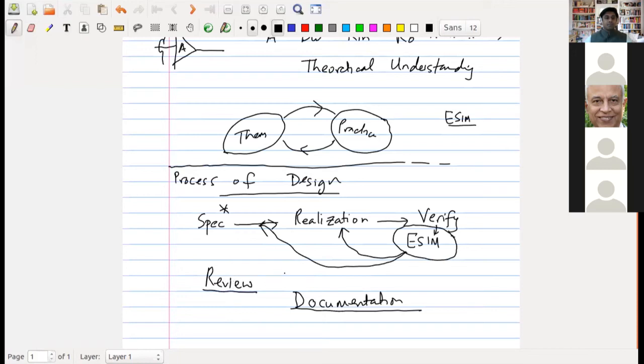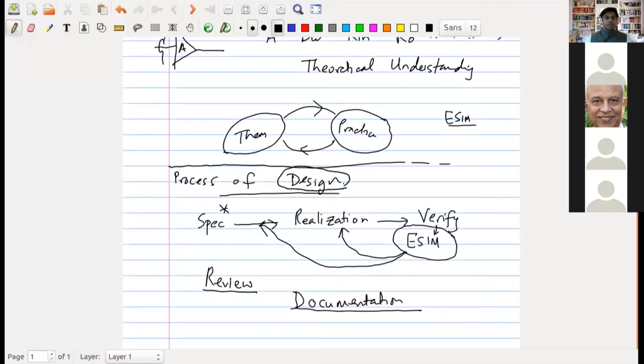Whenever you work for a company or anywhere else, whatever work you do is going to be reviewed by somebody else. As a student, your work is reviewed by your teacher. Now, without documentation, there can be no review. And without review, there can be no growth, because these are absolutely critical processes in the design process. So what I'm trying to say is that this is general for design.